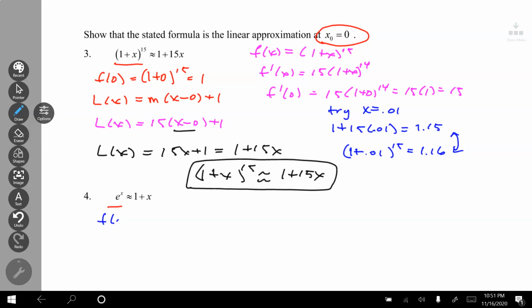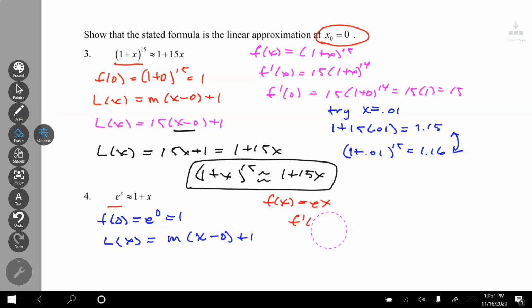Well, f of 0 of e to the x is e to the 0, which is 1. So my linearization right now is m times (x minus 0) plus 1. My function is e to the x. Its derivative is e to the x.